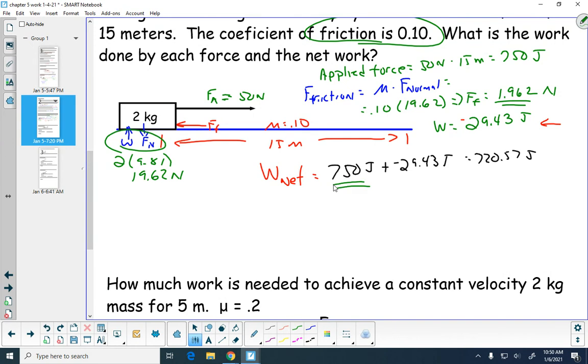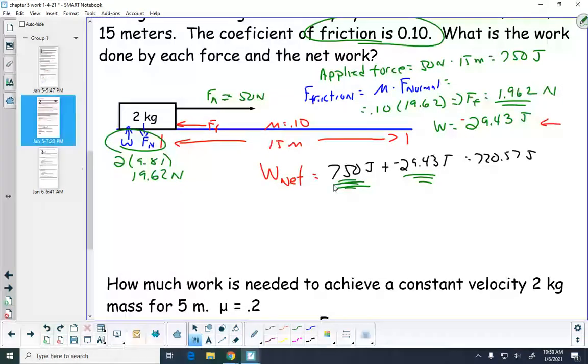That would be like the work input, what we are putting into the object. We're putting in 750 joules of work into this object. That is our work input. Because we have friction, friction dissipates the amount of work, because friction is also a force, and it's also going a distance, but it's going in the opposite direction.